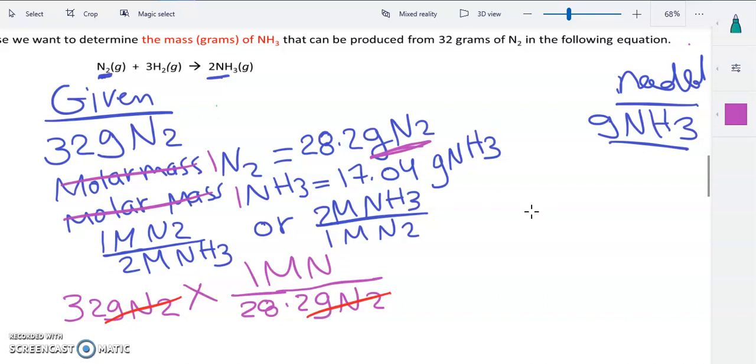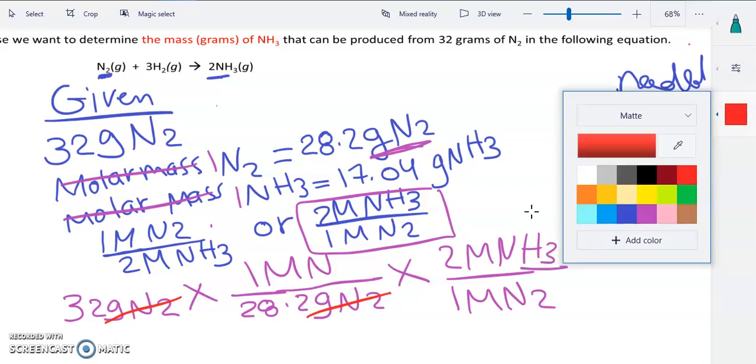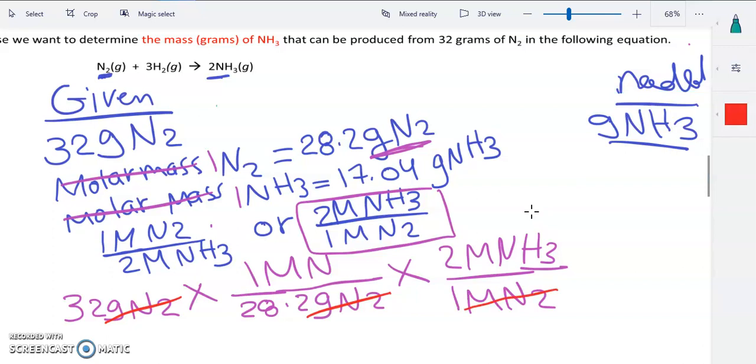Looking here, 1 mole of nitrogen, we can use this. To get rid of this, we will be using that one because this is on the top. So times 1 mole of nitrogen, and here 2 mole NH3. And then we cancel out our unit here and here.